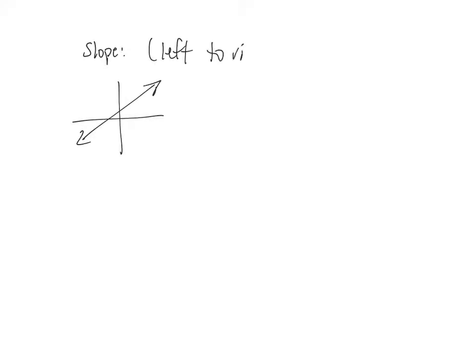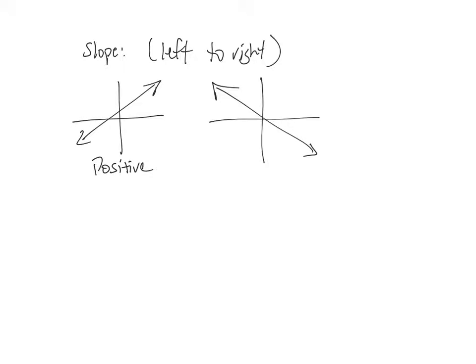All right, so for the slope of a graph, we basically have 4 choices to describe slope. We always look at lines from left to right. This line from left to right is going up, so it's a positive slope. And this one is going down from left to right, so it has negative slope.